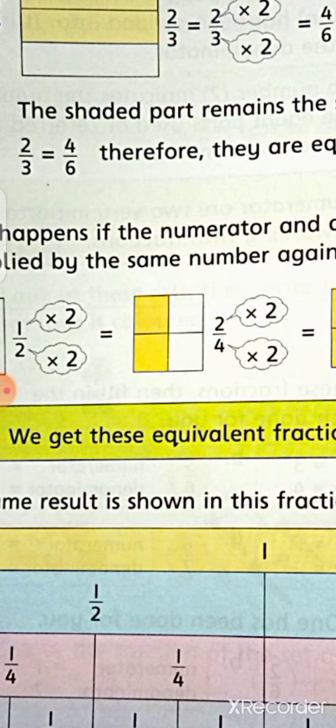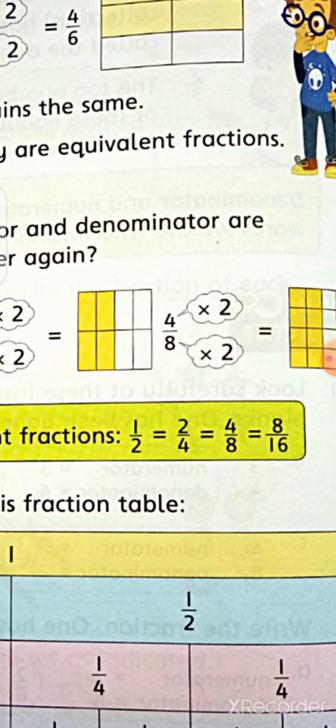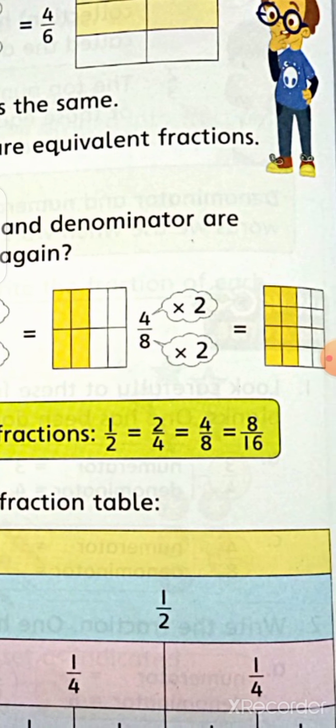And here you see, after multiplying by 2, it becomes 2 over 4. When 2 over 4 is again multiplied by 2, numerator and denominator by the same number, it becomes 4 over 8. And 4 over 8, when numerator and denominator are multiplied by the same number 2, becomes 8 over 16.